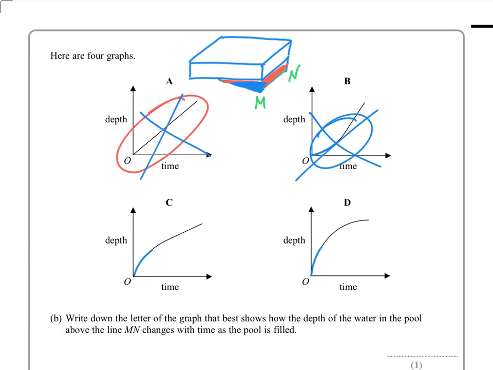Now, try and use your logic here. As we've filled to this point here, so we're now level with the base now, we're going to get a reasonably sudden change in rate here. And because there's more of a surface area at each time to fill, to create the volume, the rate is going to decrease.